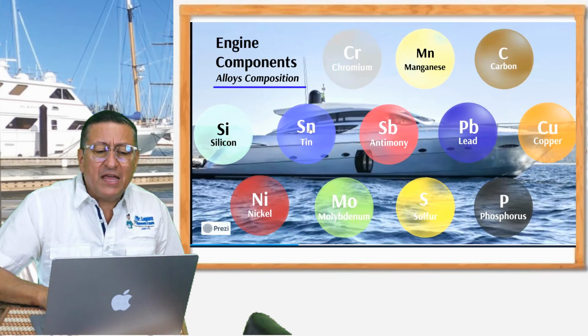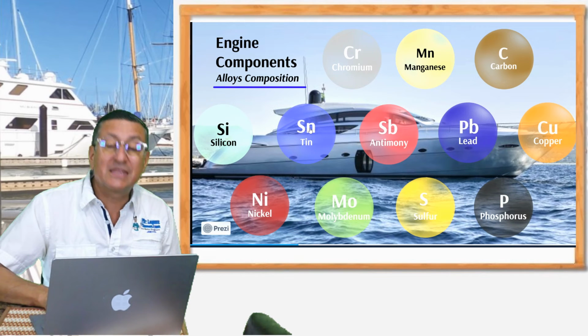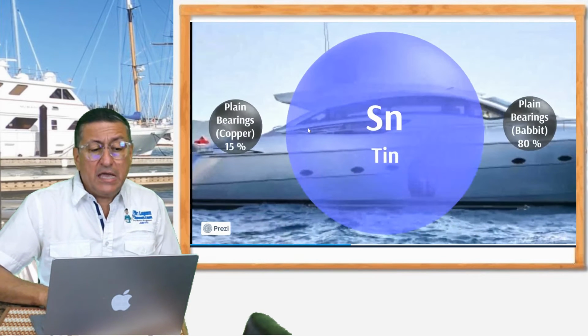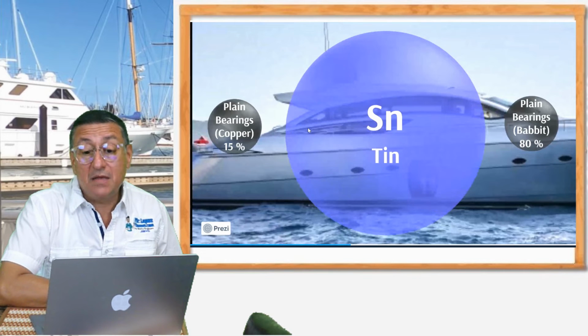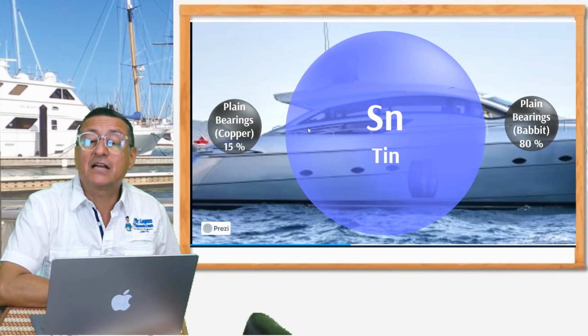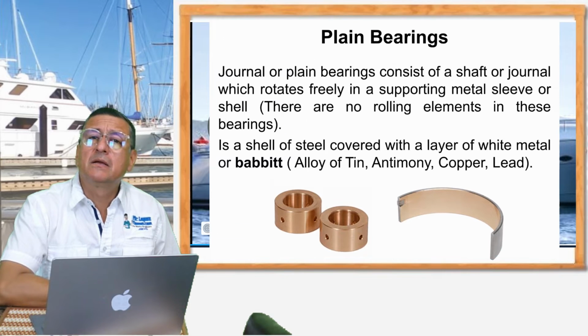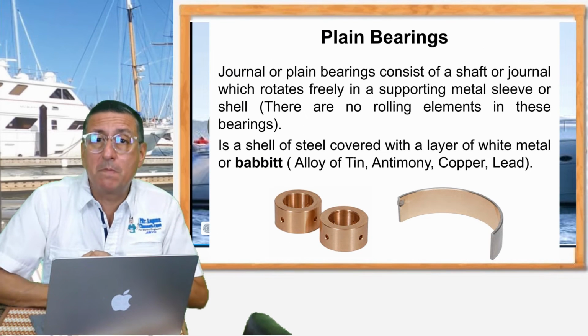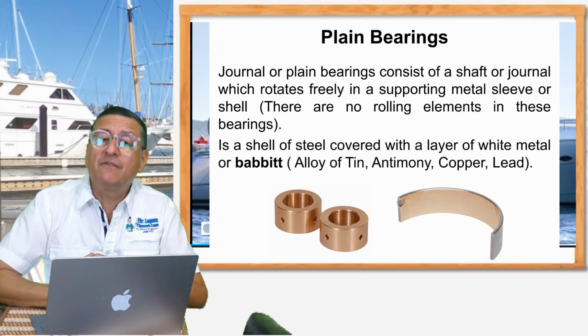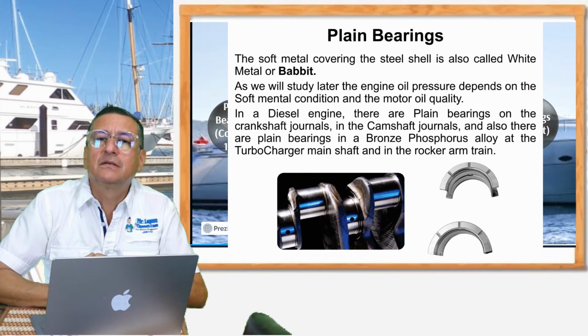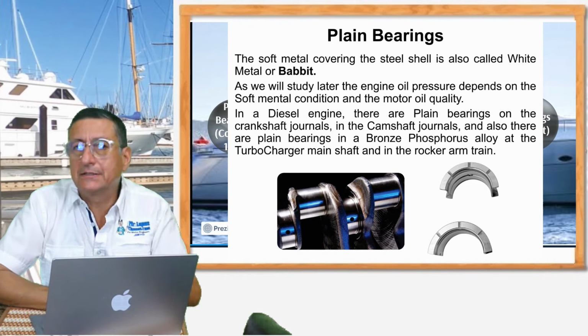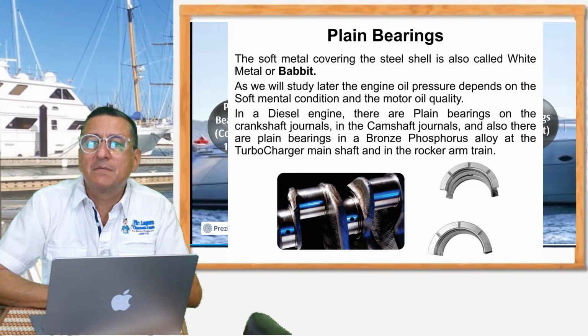What happens if I have a high concentration of tin? Where do I find the tin? In plain bearings. There are two types of plain bearings, you remember? Plain bearings with a soft metal, or babbitt, on the crankshaft in both journals. You remember those bearings? Yes, that white metal is babbitt.